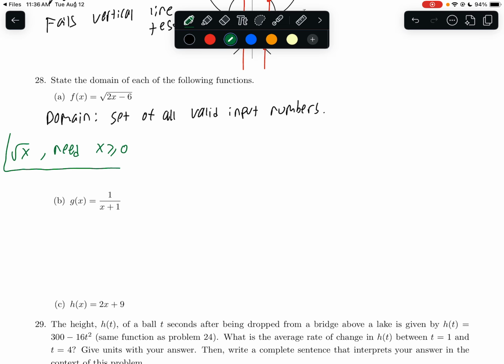So this is just a rule that we have to remember, which will come up more in chapter 4, and it's applicable here because we're working with a function that has a square root. So for this problem, what we require is that whatever is under the square root has to be greater than or equal to 0. It cannot be a negative number. It can be 0, it just can't be negative.